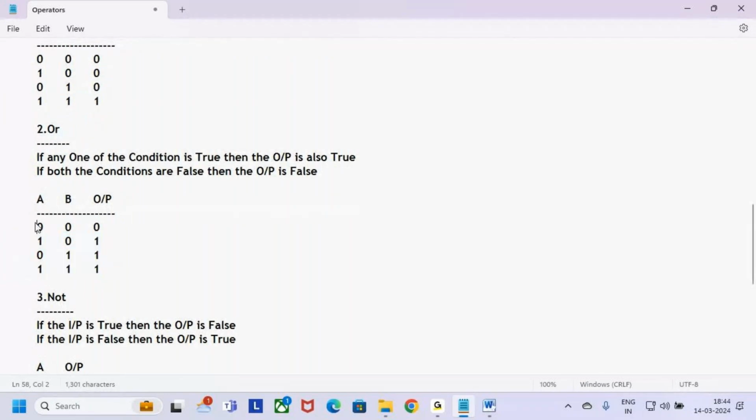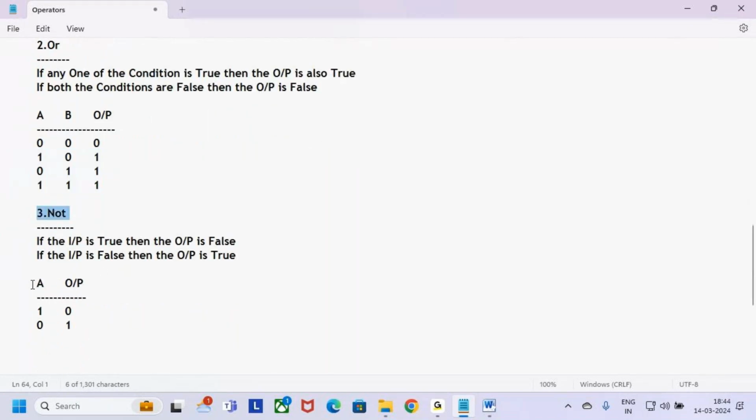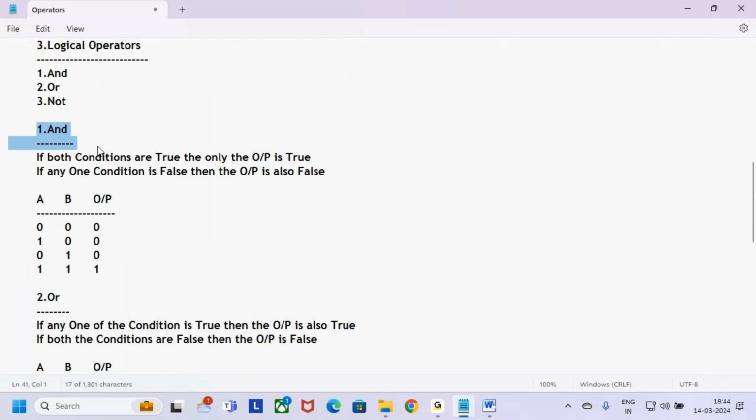If both the conditions are false, then only we'll get the output as false in the OR operator. In all the remaining cases, anywhere the condition is true, we'll get the output as true. And coming to the NOT operator, it takes only one input. If the input is true, we'll get the output as false. If the input is false, we'll get the output as true. So these are the different types of logical operators we have.